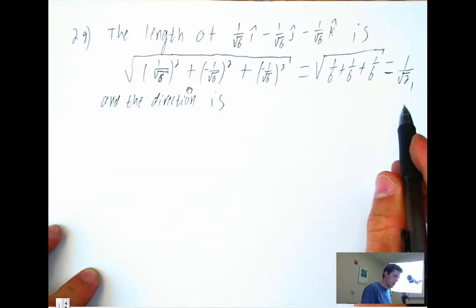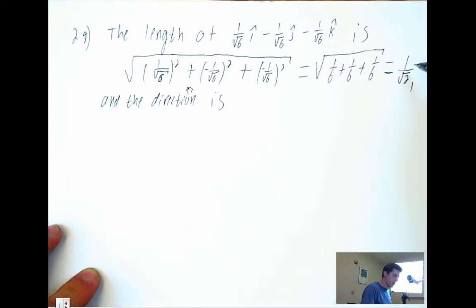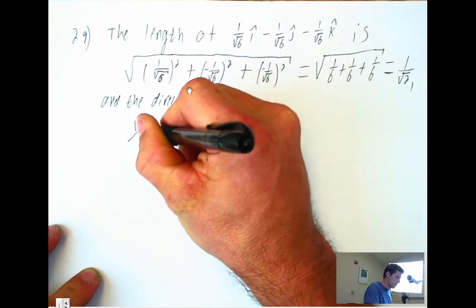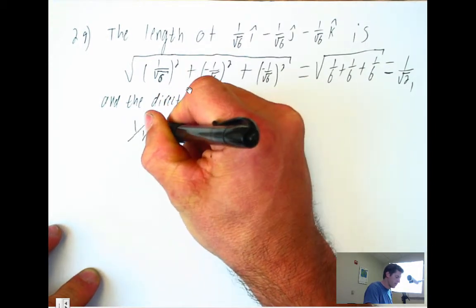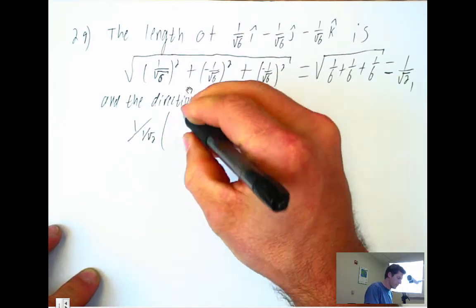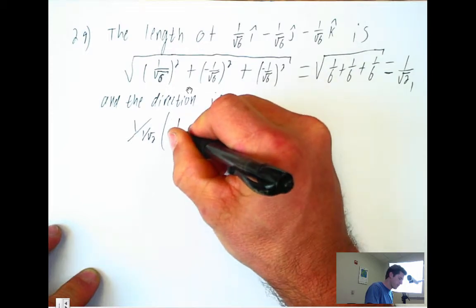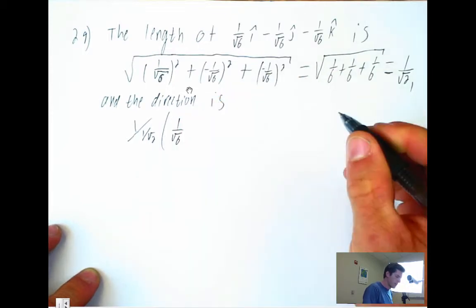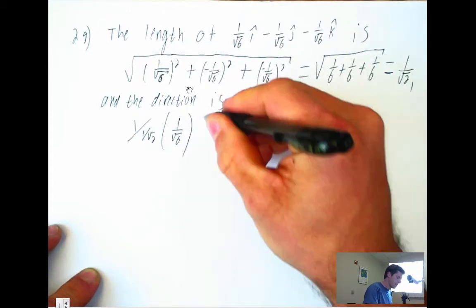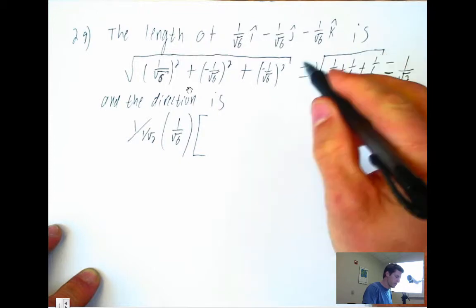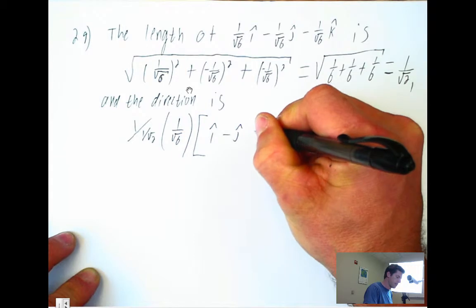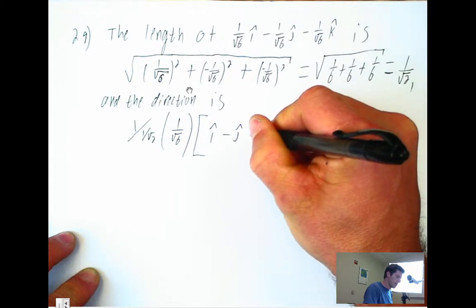Now the direction is 1 over the length times the vector itself, so 1 over 1 over square root of 2 times the vector itself. And what does that look like? Oh gosh, the 1 over square root of 6. Can I factor out 1 over square root of 6, and that will leave me with i hat minus j hat minus k hat?